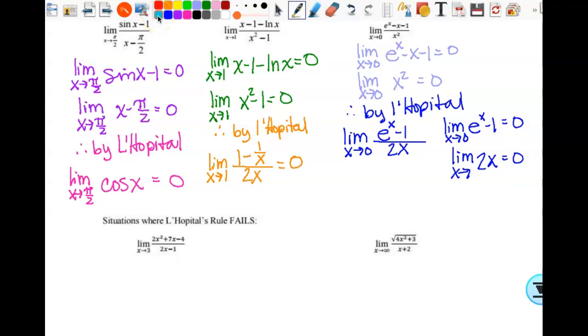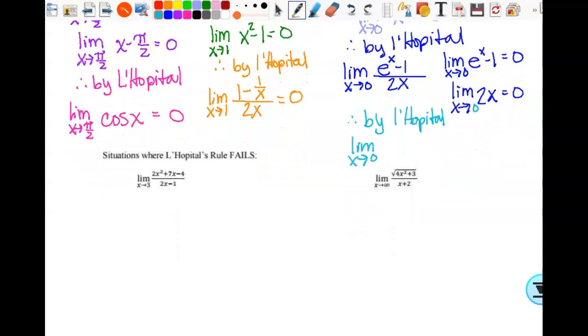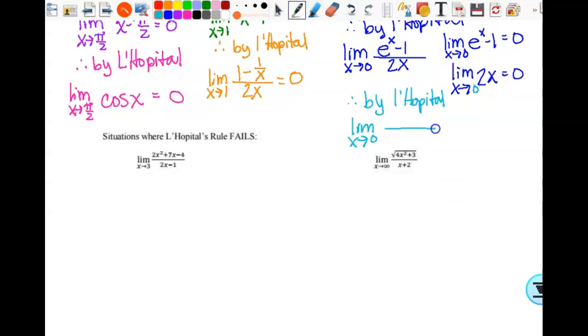Then we say again, therefore, by L'Hopital again, once again, this is what allows us to do this. The limit as x approaches 0 of, what's the derivative of this? E to the x. What's the derivative of this? 2. What is my answer?